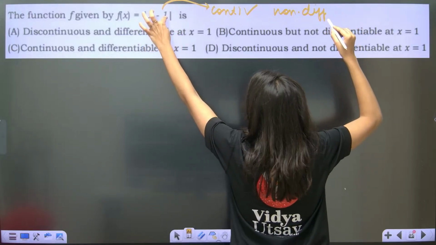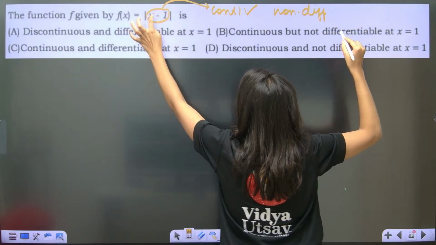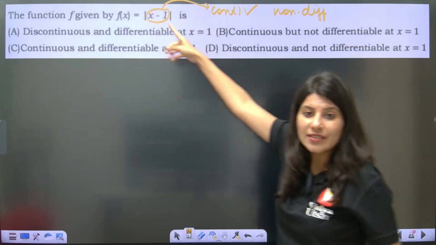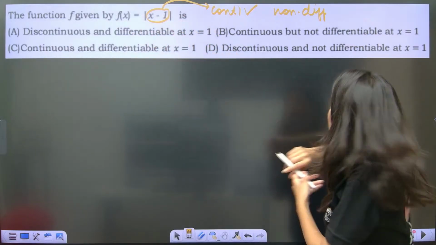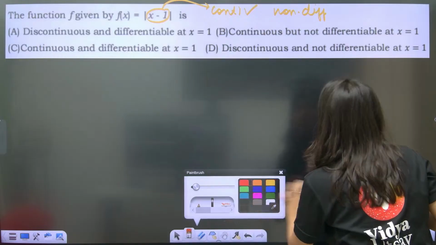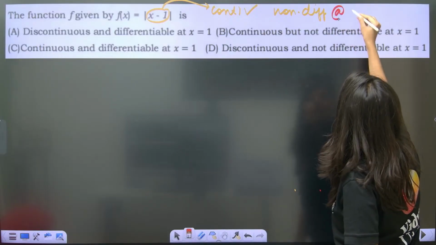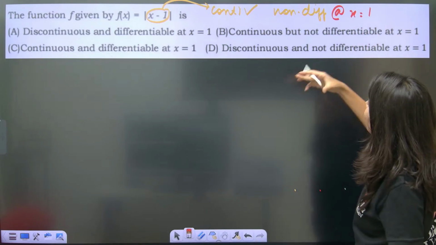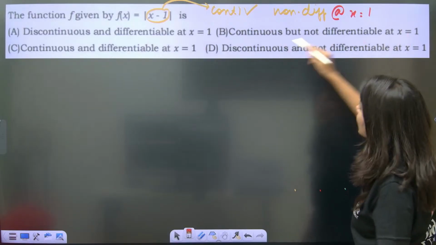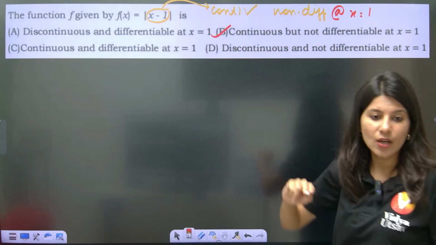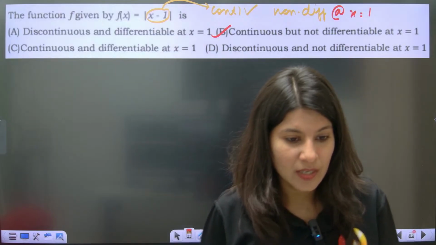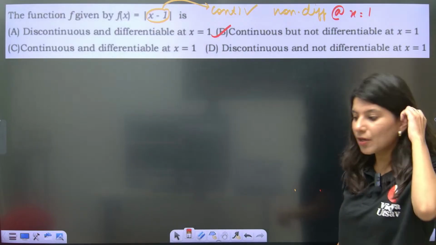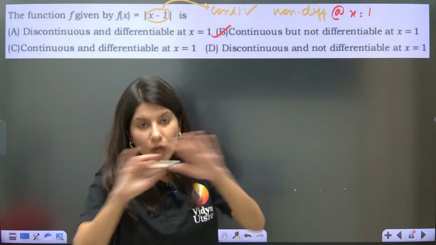When the expression inside the modulus becomes 0, and this modulus becomes 0 when we put x equals 1. So it is continuous but non-differentiable at x equals 1. Direct answer option B.